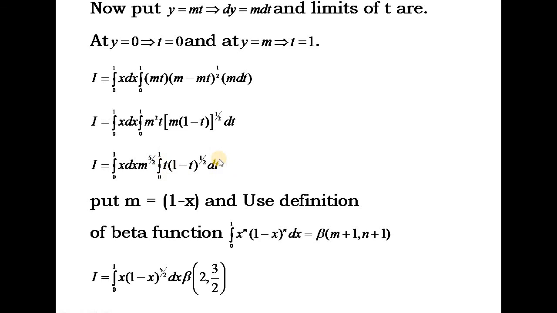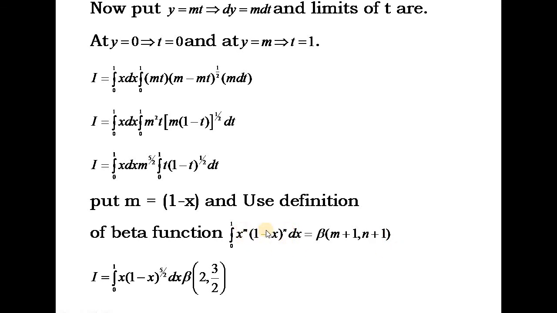This is in the form of the beta function. The beta function definition is the integral from 0 to 1 of x raised to m into (1 minus x) raised to n, which is beta of m plus 1, n plus 1.